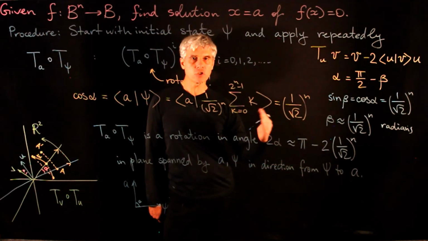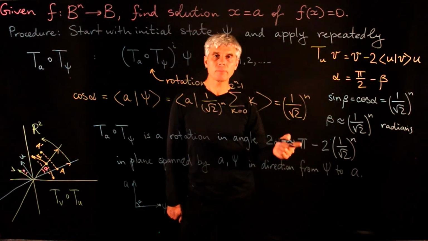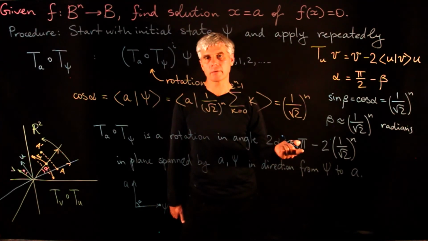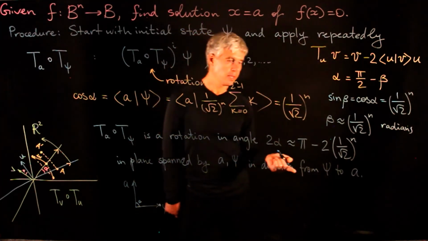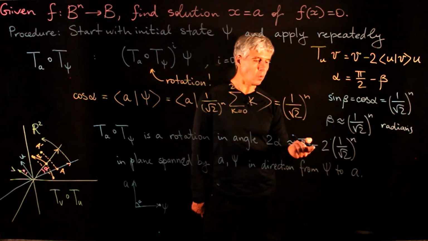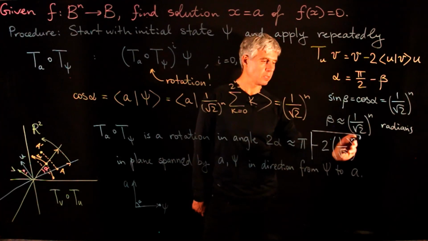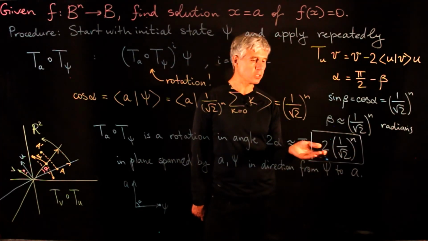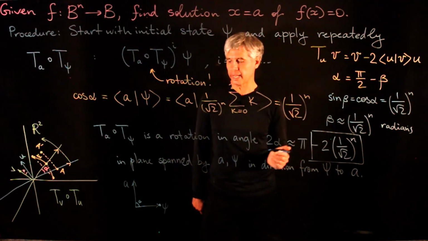So we rotate each time by an angle which is close to pi. But rotation by pi may be ignored, because rotation by pi is just multiplying a vector by minus 1. And so all we care about is this part. So we have a rotation by pi which we ignore, and a rotation by this small angle.